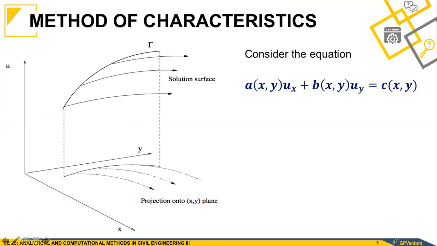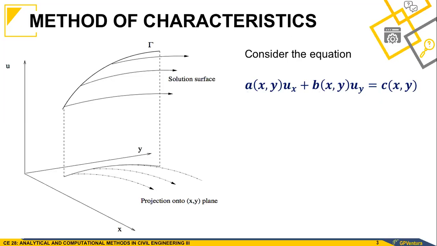Now, let's first consider this first-order partial differential equation having the following form over here. Take note that the variables a and b, which are the coefficients of ux and uy, or partial derivatives of any other variable in this case, may be constants or functions of the independent variables.